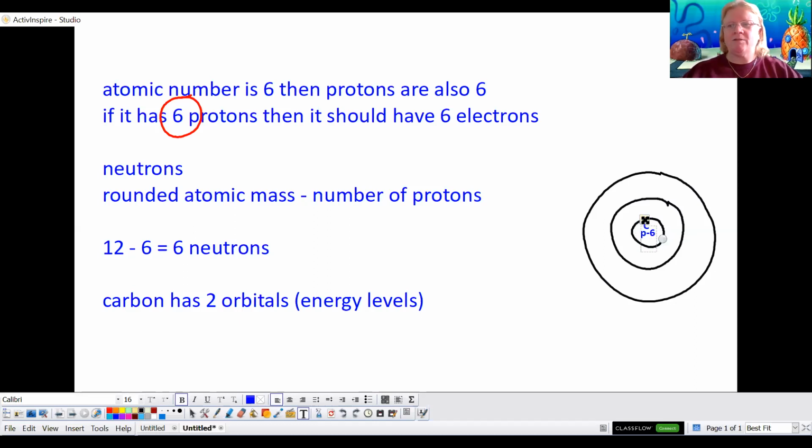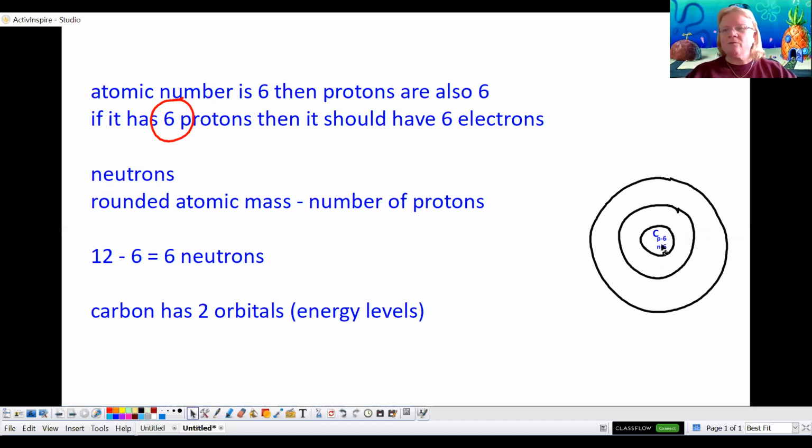And I'm also going to put, oh, that's going to be too small. Going to make this smaller. N-6. Gotta fit them in there. All right, so I know it's really, really small, but there it is. And hopefully you figured out my P-6, that's telling everybody it's got 6 protons. My N-6, telling everybody it's got 6 neutrons. And of course the C is telling everyone that this is a model of carbon.